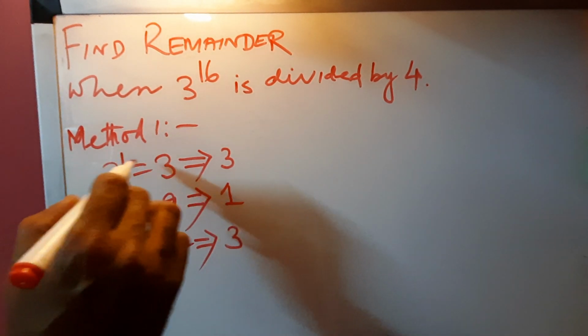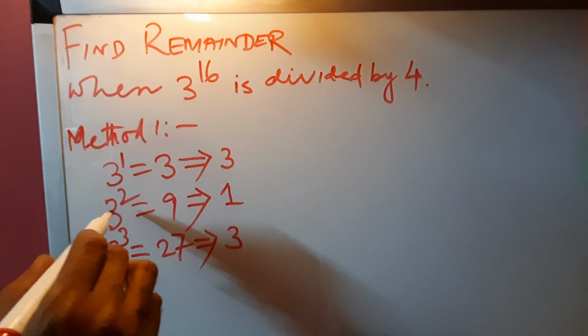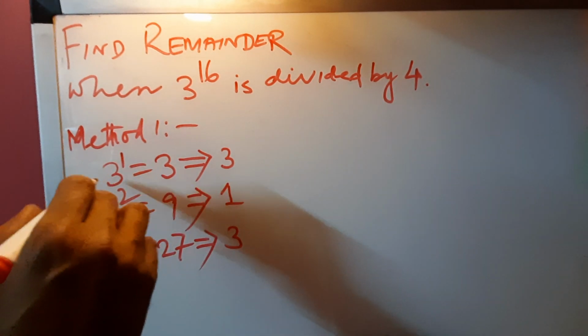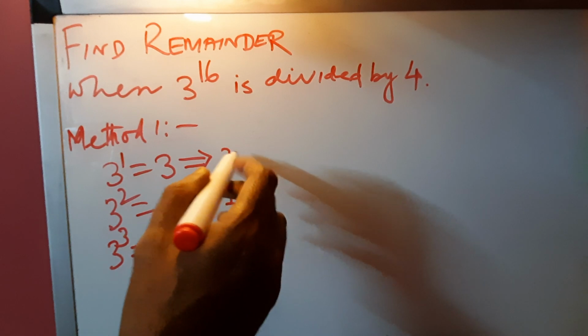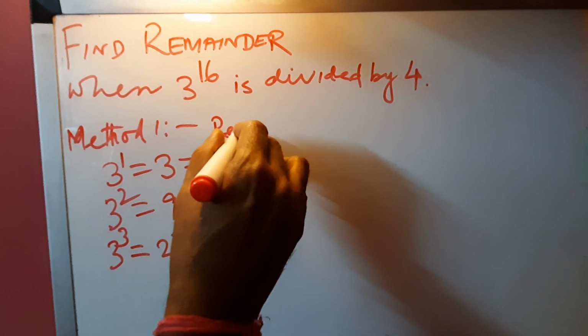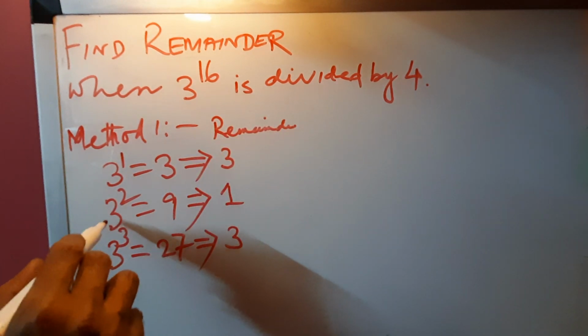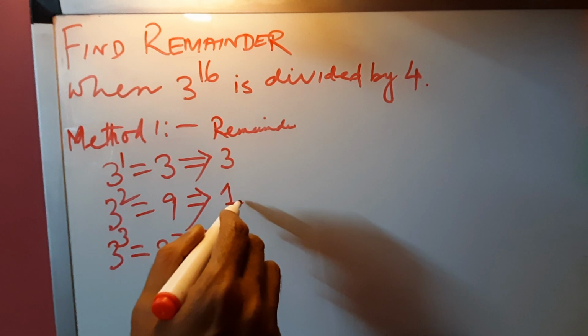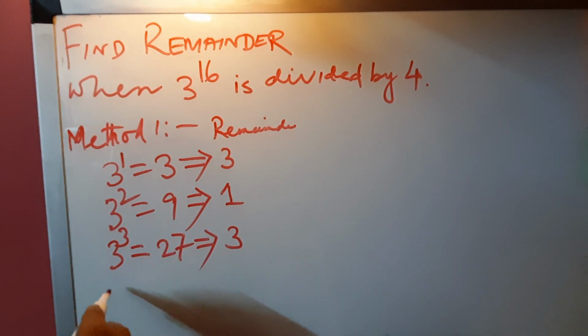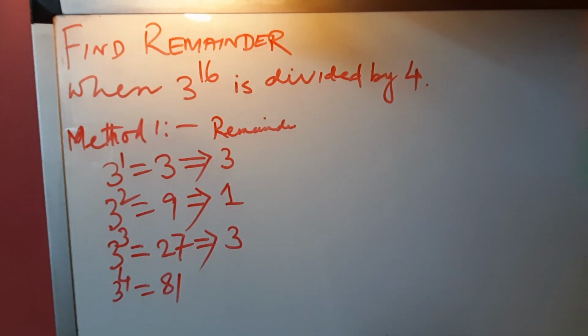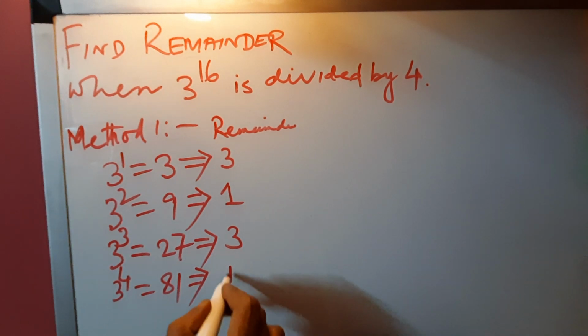So if we divide 3 by 4, the remainder will be 3. If we divide 3 square by 4, the remainder is 1. 3 cube, remainder 3. 3 to the 4 is equal to 81. If we divide 3 to the 4 by 4, then the remainder will be 1.